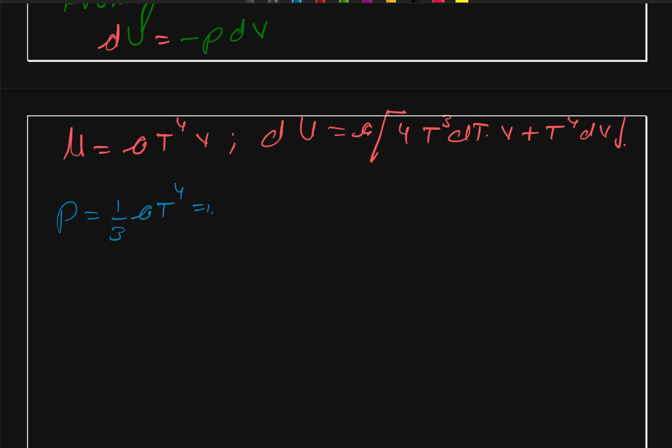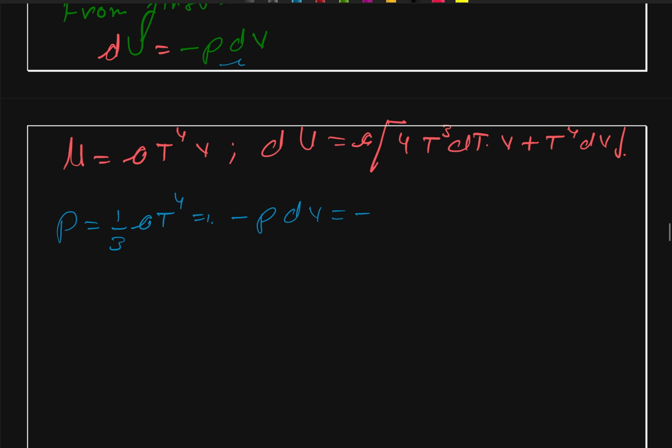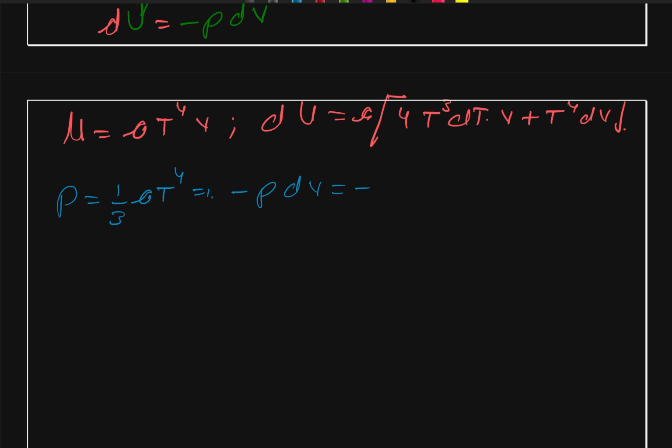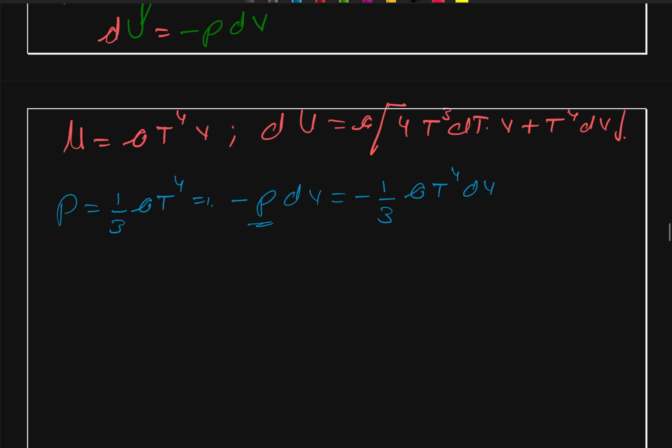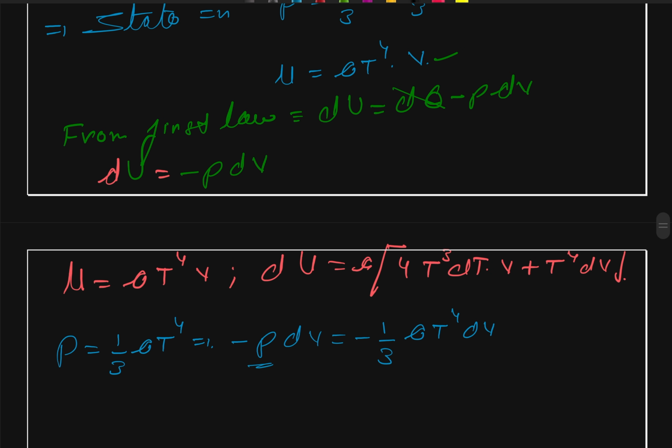So minus P dV will be equal to minus 1 by 3 A T raised to the power 4 times dV. We simply substitute the value of our P. Now we substitute this into our equation.